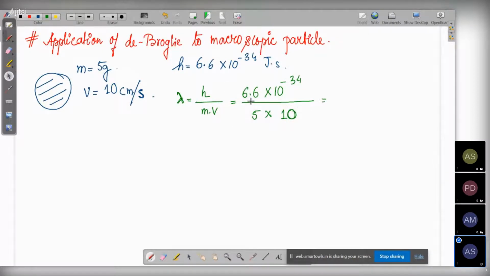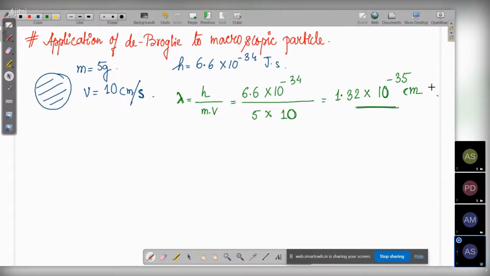So this is going to be 6.6 divided by 5, which is 1.32. And this 10 will also go in the numerator, that means 10 to the power of minus 1, so I get 10 to the power of minus 35 meter. Yes, the answer is correct, though it's in centimeter.